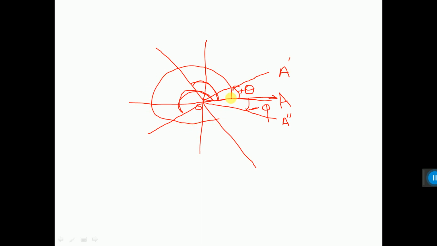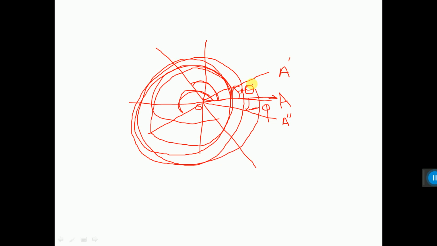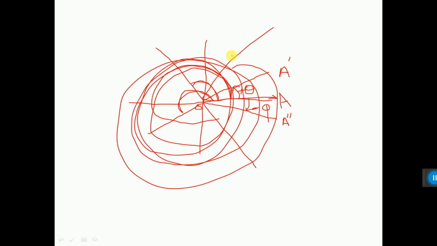Like this, it can revolve a few times also. Then a very big angle will be created.